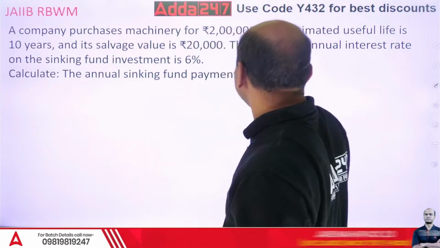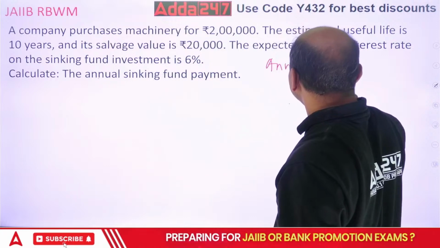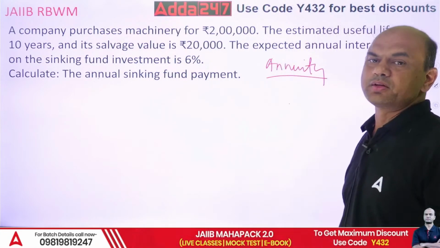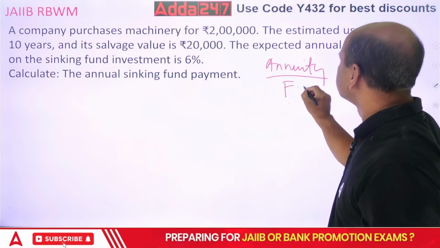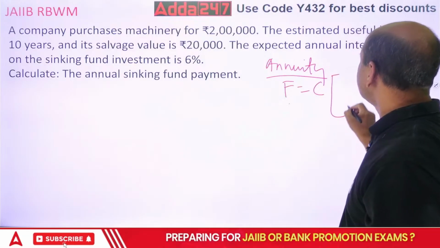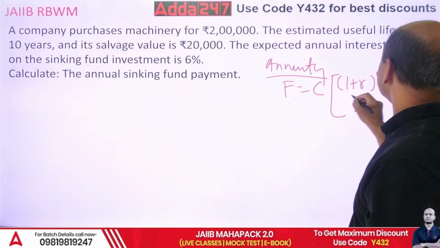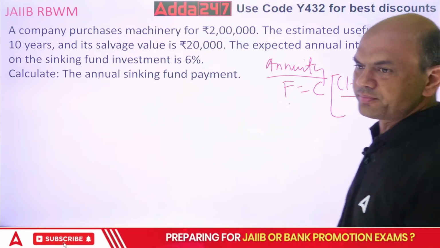Whenever you solve any annuity, what is the formula for annuity future value? F equals C into (1 plus R) raised to n minus 1, the whole upon R. This is the formula for future value, annuity.